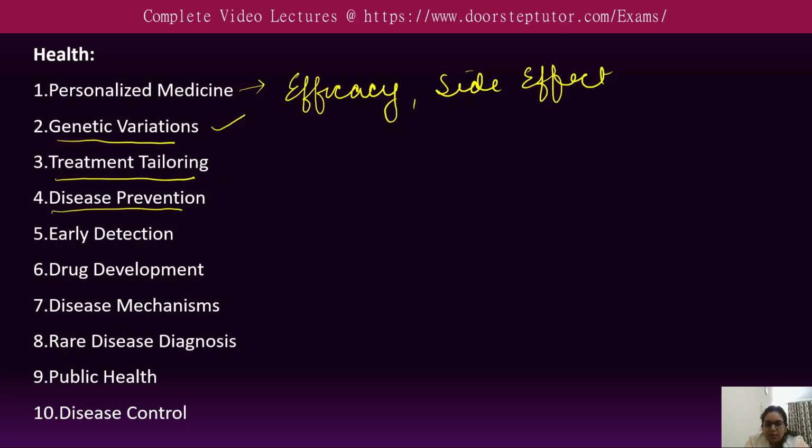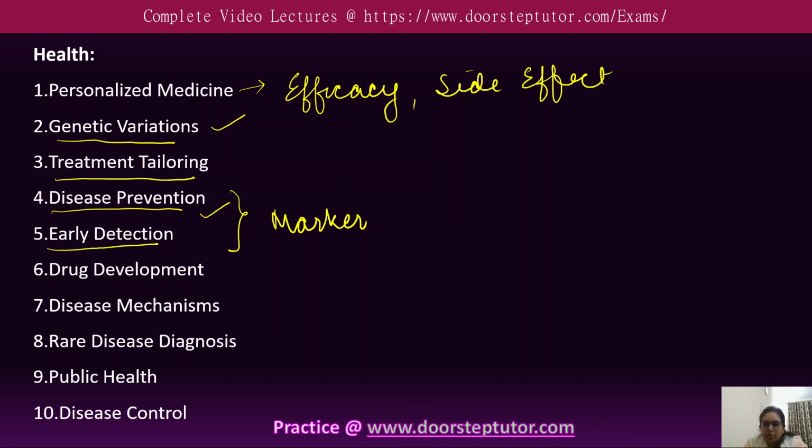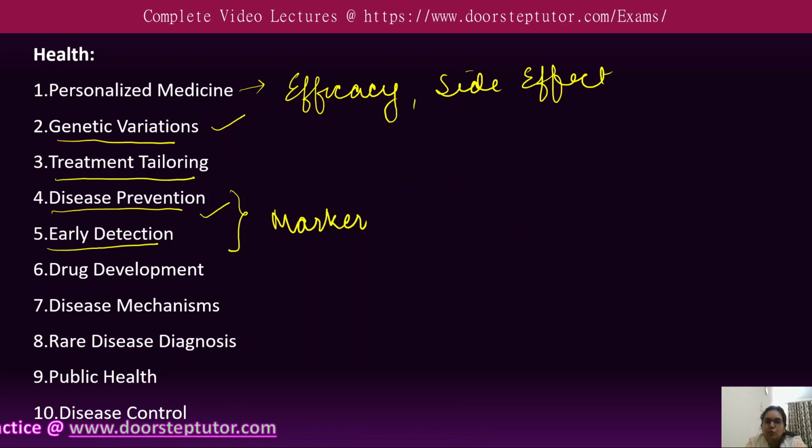The disease prevention and diagnostics. Early detection as well as prevention of disease is possible with the help of genomics. Genomic sequencing helps in identifying the genetic markers which are usually associated with various diseases, thus allowing early detection as well as providing various strategies to prevent that particular disease.